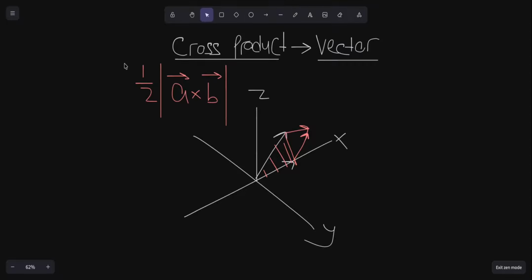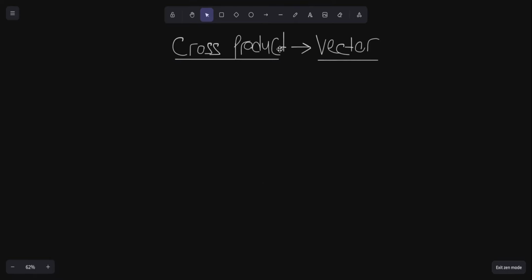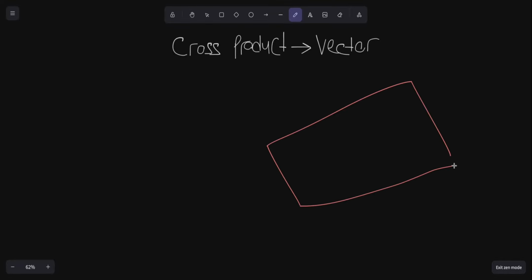In addition, in future videos, we'll also see how planes in 3 dimensions are very closely related to cross products. A plane is defined by a point on the plane and a vector that's perpendicular to this plane.